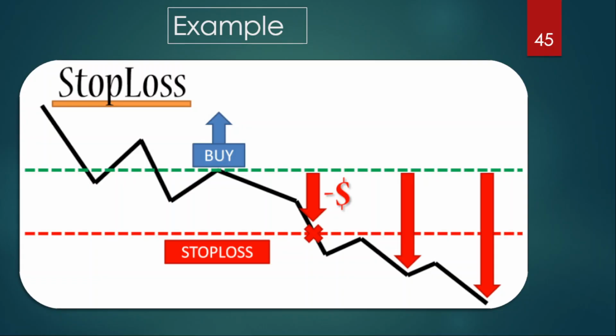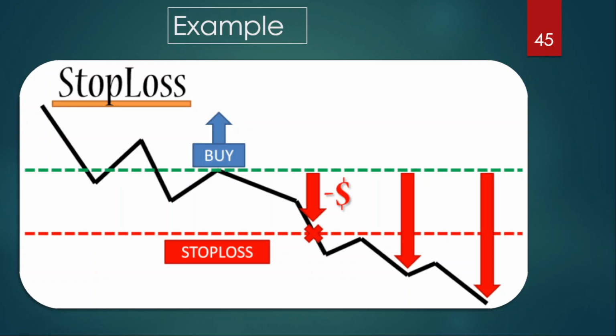We will put our stop loss a certain amount of pips from the price point where we bought. So this means that our stop loss will be below when we buy, and our stop loss will be above when we sell. It will be above our selling point when we sell. Stop loss again will be below our buying point if we are buying.